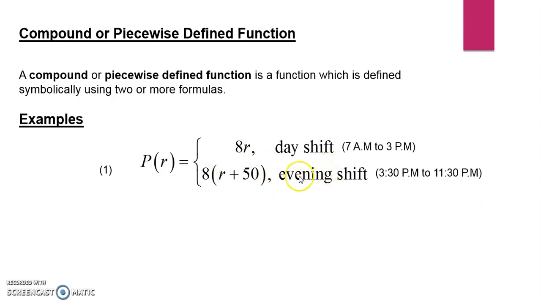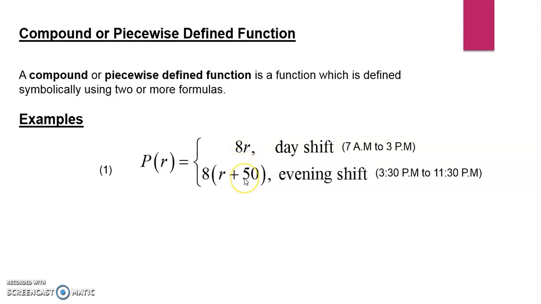A single equation may define the rate of pay for the day shift of a worker under certain condition. The condition given here is 7 a.m. to 3 p.m. Assume that the rate of pay for day shift is modeled by equation P of R equals 8R, where R is the hourly rate.